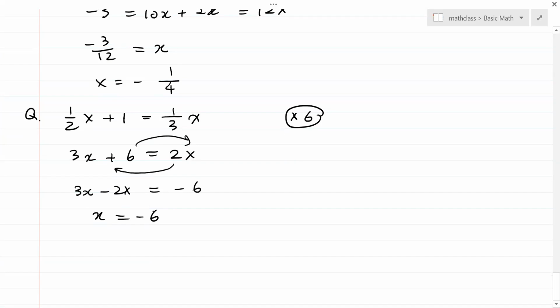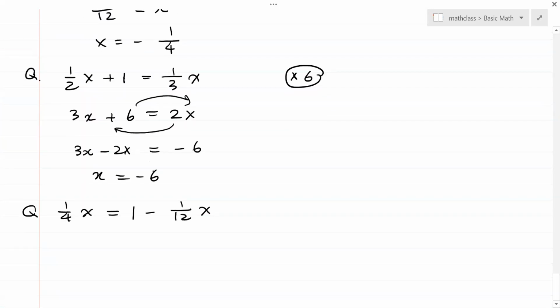Okay. All right. So let me ask you to do the next problem. Okay. 1/4 x equals 1 minus 1 over 12x. All right.